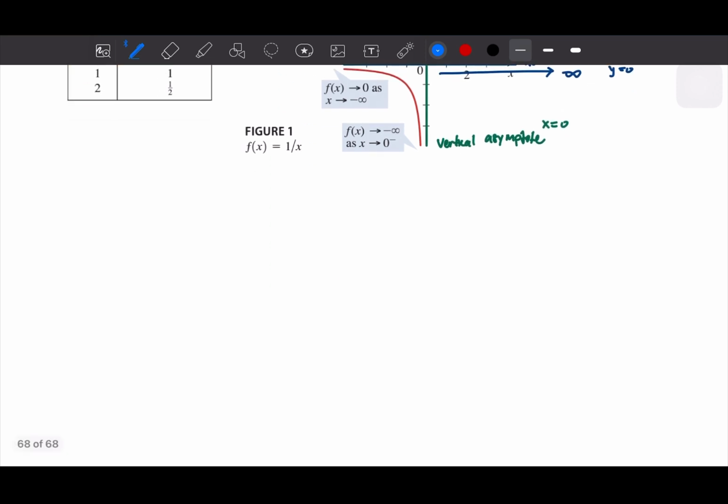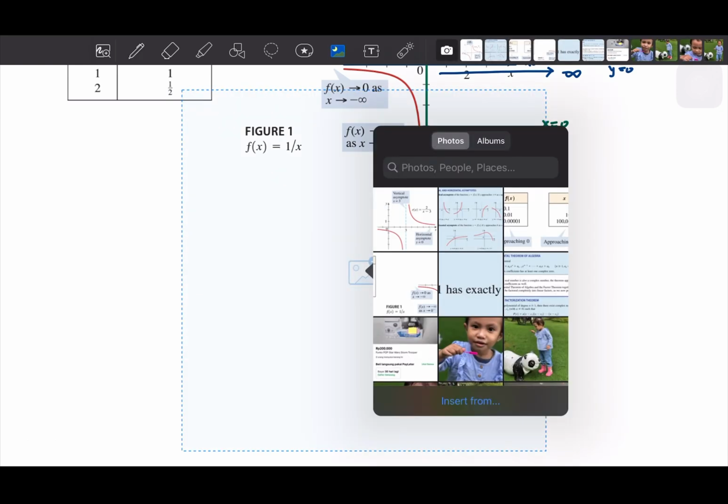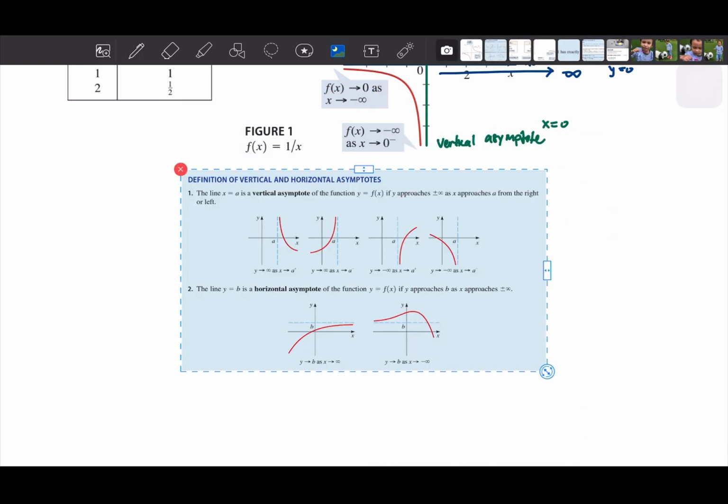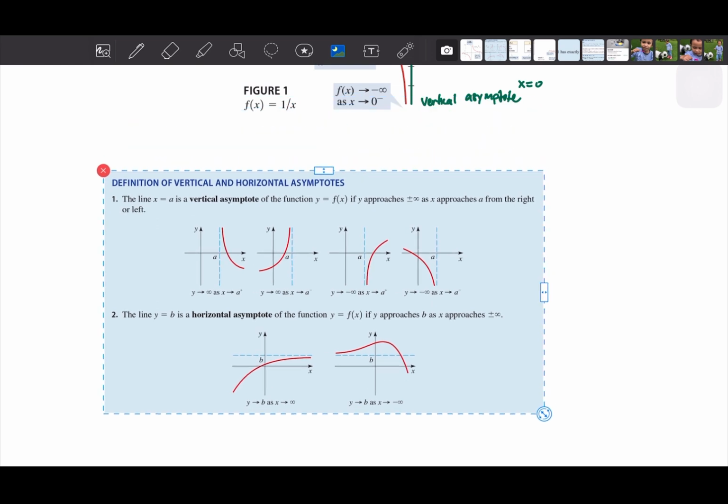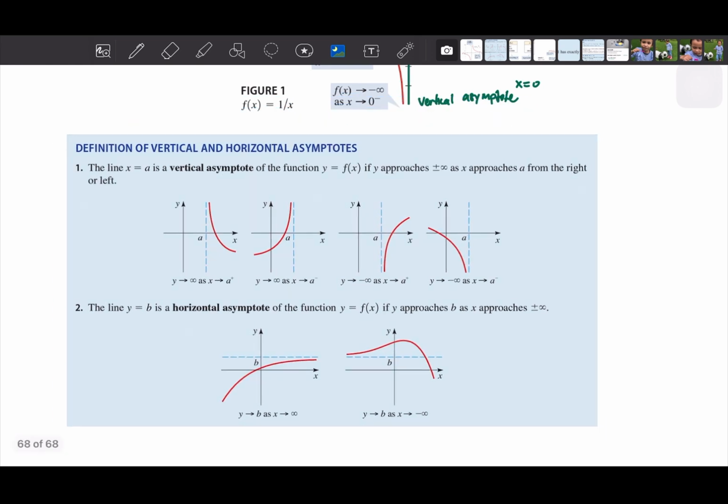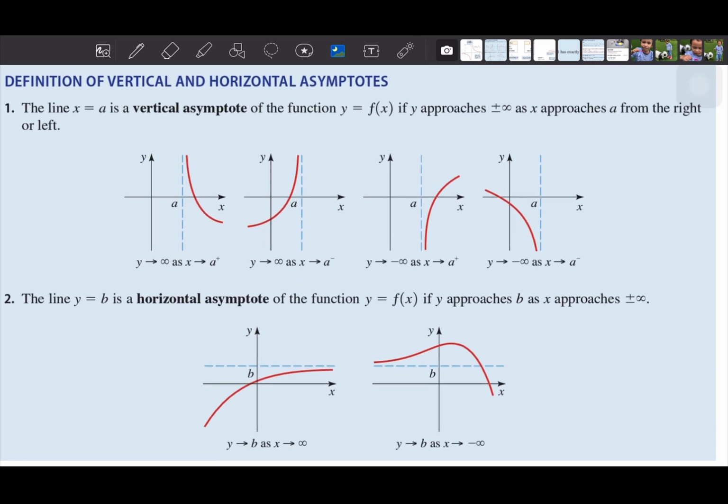Okay, now let me just give you some notes on the asymptote. So every time we have y getting higher and higher or lower and lower when x approaches some number, that is when we get the vertical asymptote.